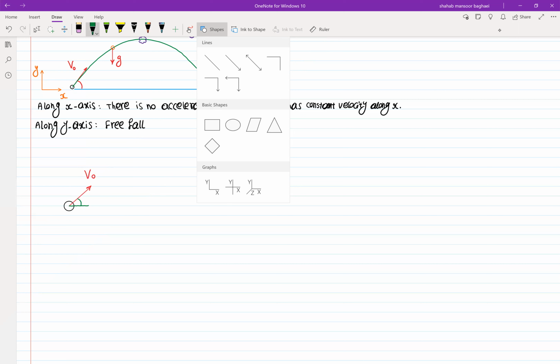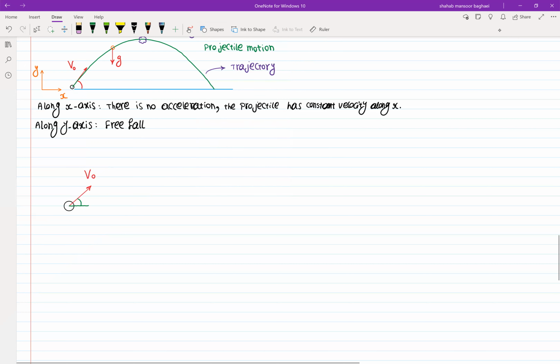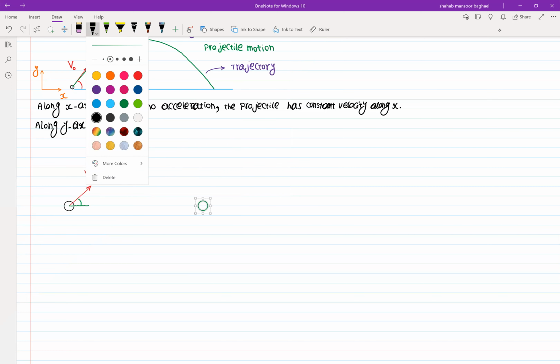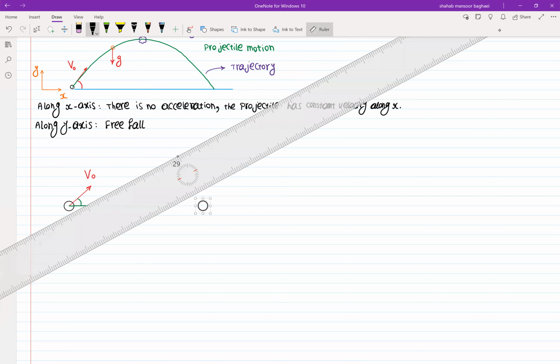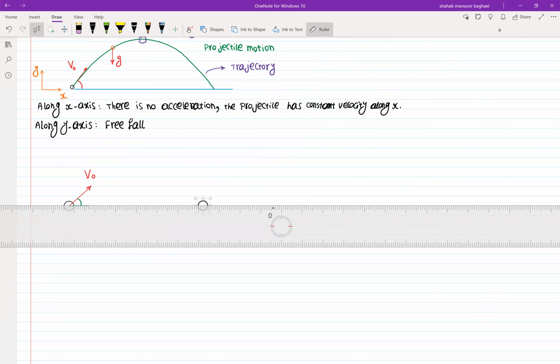And sometimes this angle is zero. If it is zero, you have something like this. Therefore, V0 is horizontal here.